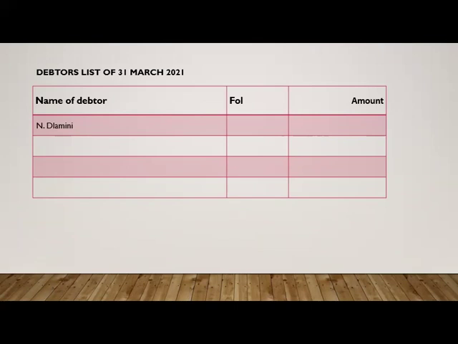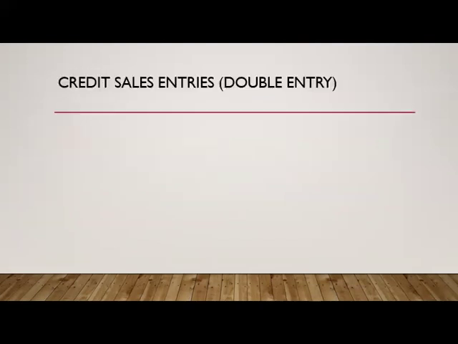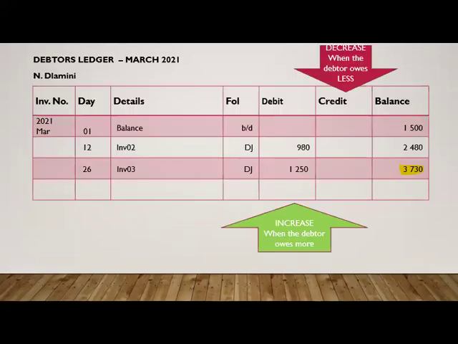How much? Here you put in the amount that Endlamini will owe by the 31st of March 2021. That's what you will put in the debtors list. Is the total. You know what? Going back to that total, do we all agree that that 3,730 is the total?